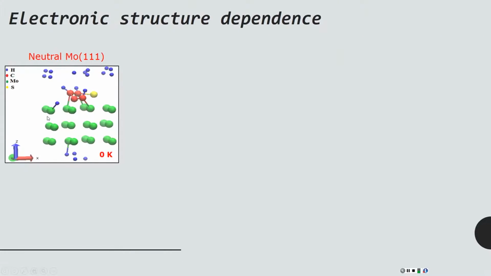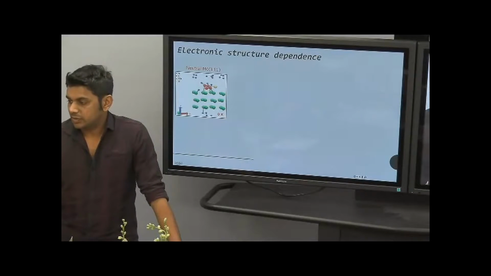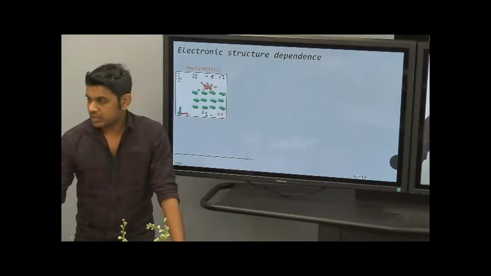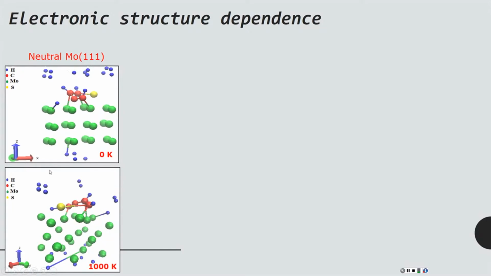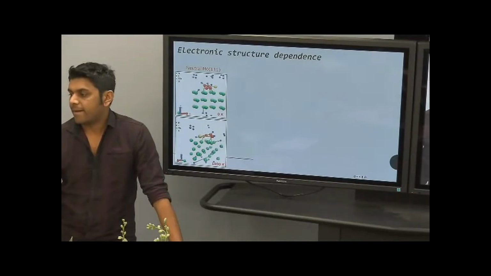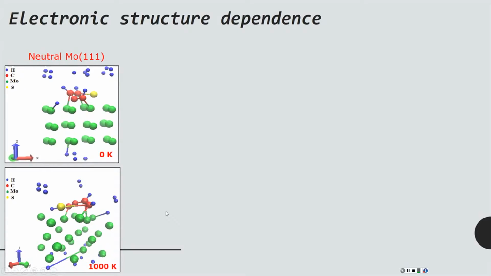Then we determined the catalytic electronic structure dependence of this thiophene hydrodesulfurization reaction. Here you can see a thiophene molecule adsorbed on a neutral molybdenum surface at 0 Kelvin. At 0 Kelvin, only one carbon-sulfur bond is dissociated, and when the surface temperature is increased to 1000 Kelvin, even though this carbon-sulfur bond is elongated, it is not completely dissociated.